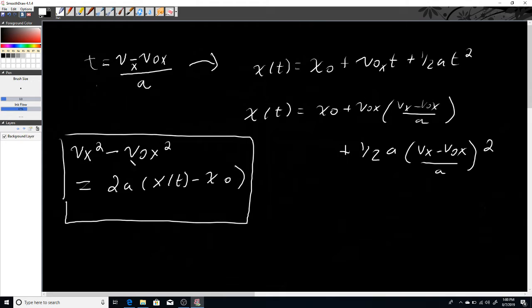That is, the final velocity in the x direction squared, minus the initial velocity in the x direction squared, is equal to 2 times the acceleration times the difference between the final point and the starting point. And this is something that we call displacement.